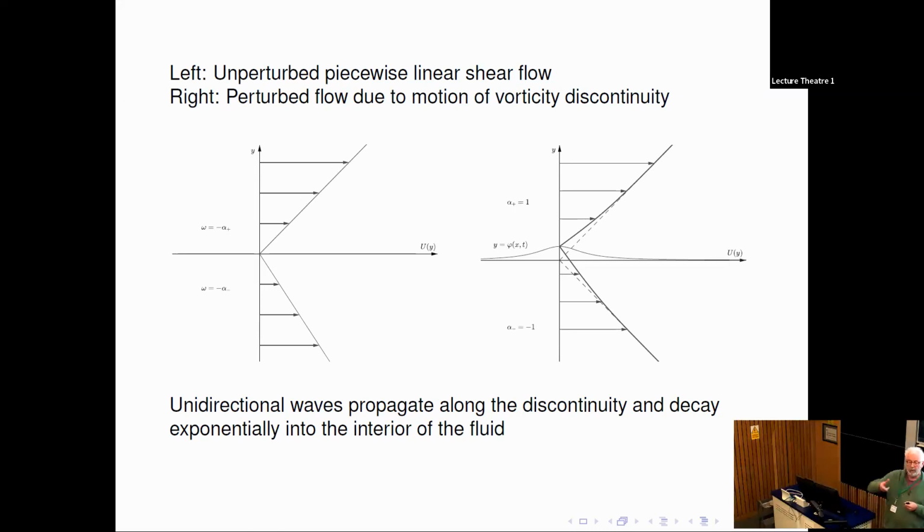If you rotate, you not only change the direction, but you switch alpha plus and alpha minus. The waves only go in one direction, so it's purely a unidirectional problem. I think with the larger alpha on the left, or in other words the larger vorticity on the right, hopefully that's correct.